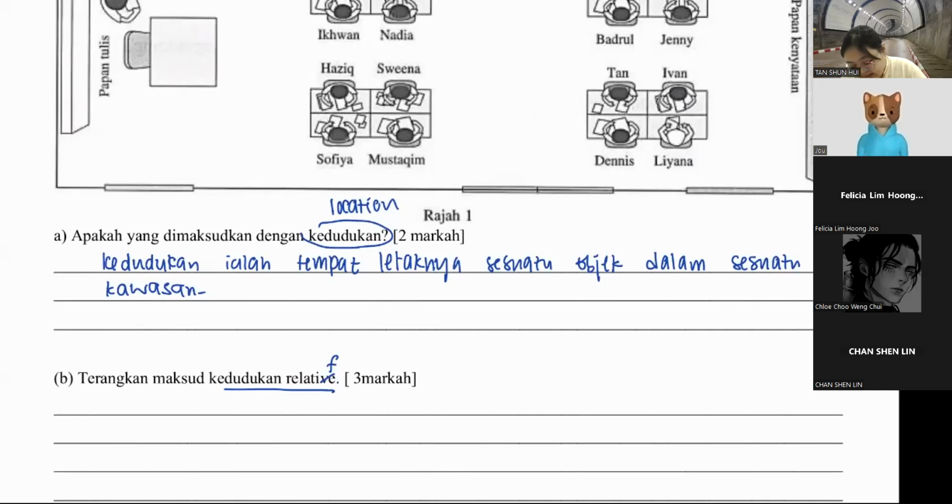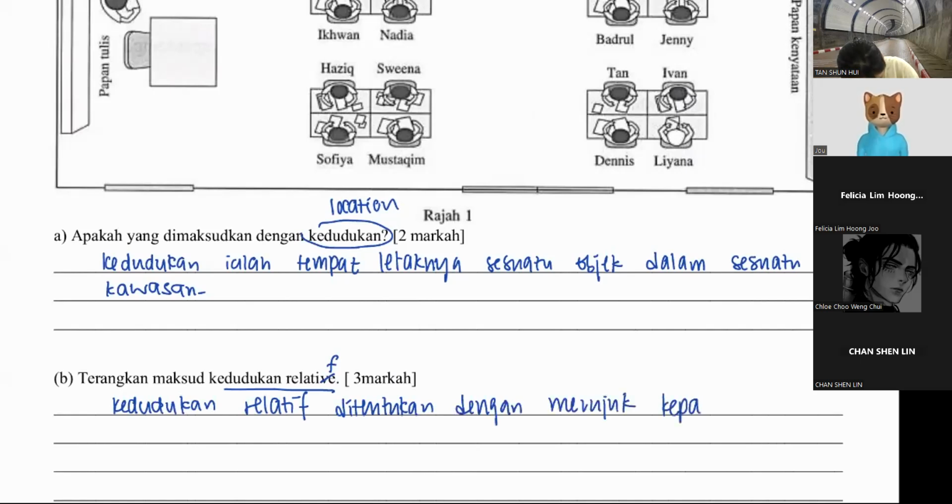Just to tell you, relative is normally determined, kedudukan relatif ditentukan dengan merujuk kepada titik rujukan. Refer to the titik rujukan. All right, understand? Now, it depends on the titik rujukan.